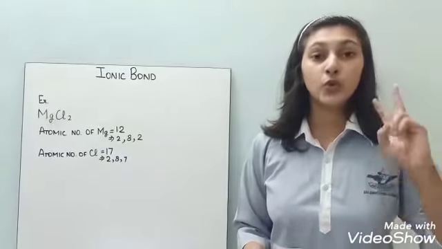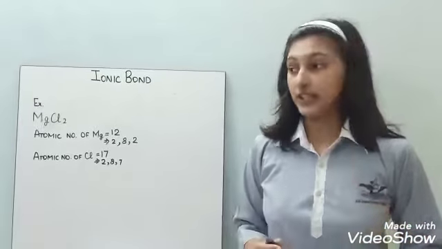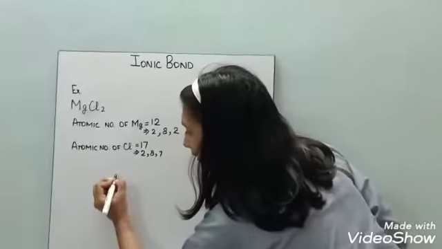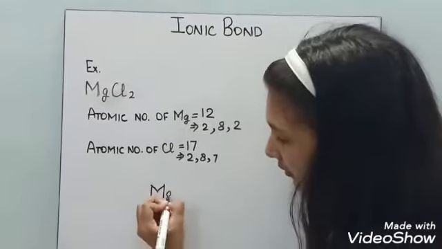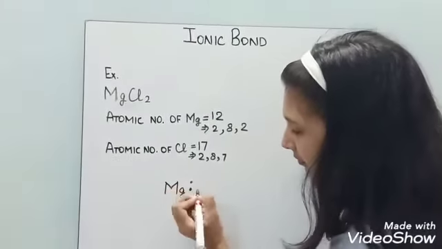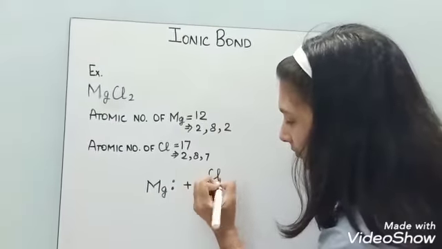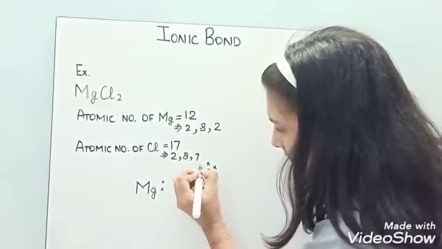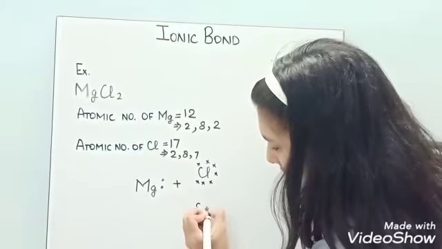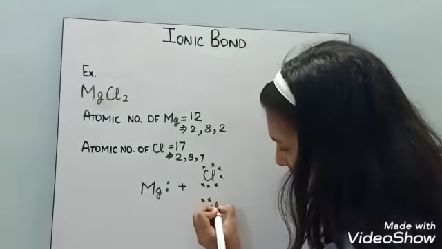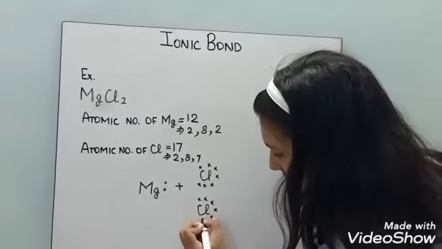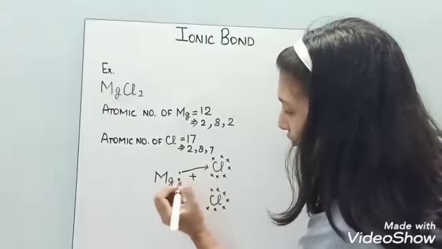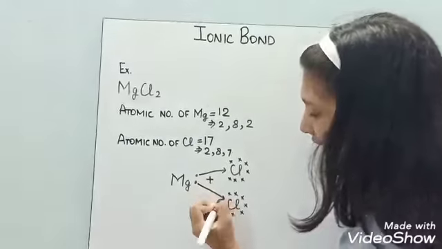So we'll take 2 atoms of chlorine. So its dot configuration would be: Mg will give its first electron to the first Cl and the second one to the other Cl.